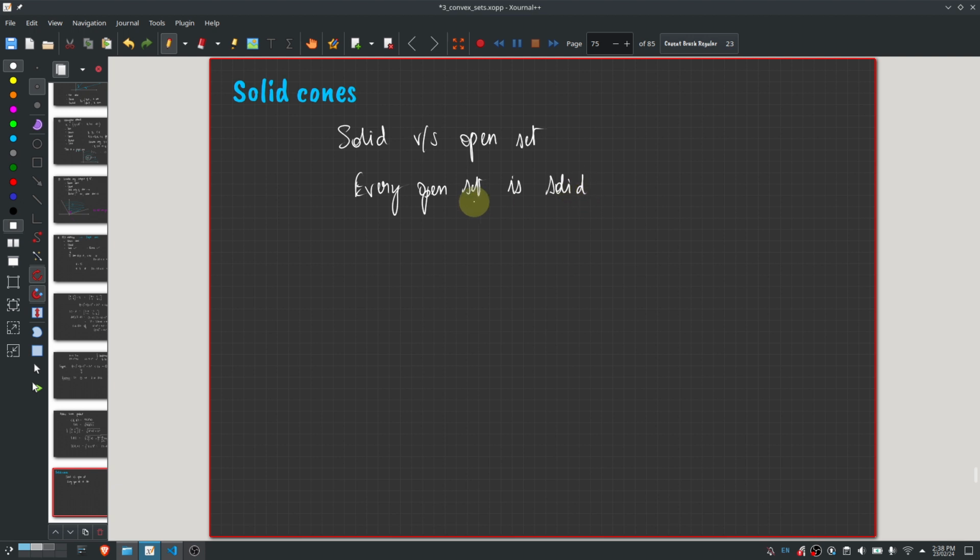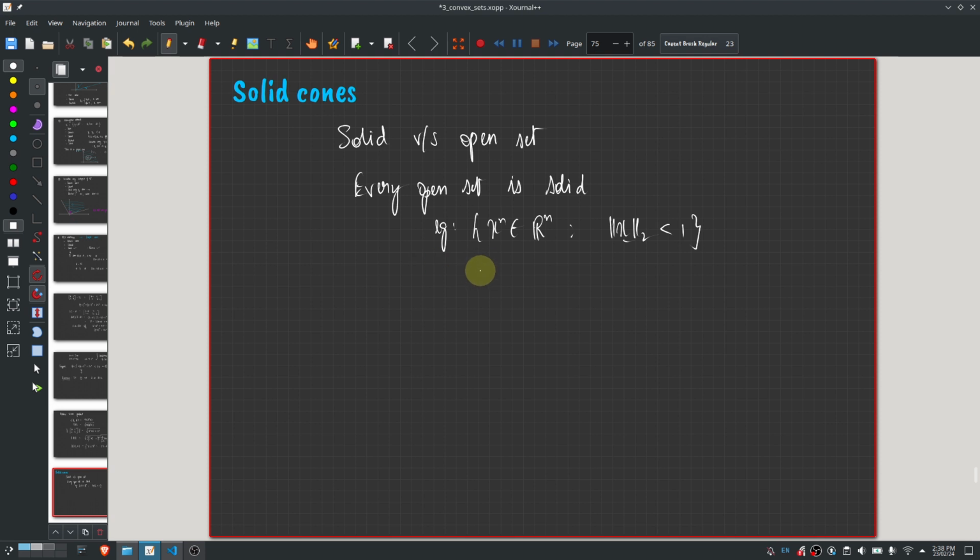One example of an open set in Rn is the open ball, the set of x such that the 2 norm of x is strictly less than 1. This is an example of an open set, and it is obviously solid.